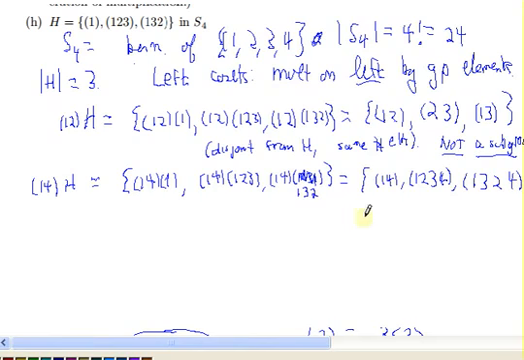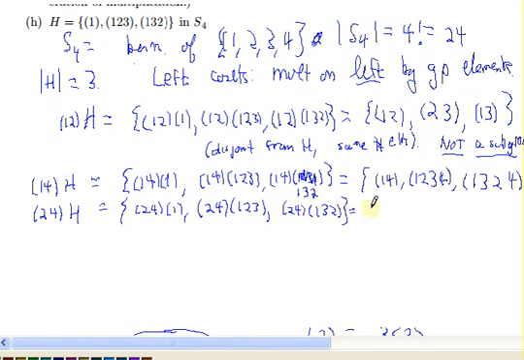Okay, so we have another coset here. Let's try also (2 4), because that's not included in this group, and see what happens there. So that's going to be (2 4) times 1. And then we'll have (2 4) times (1 2 3). And then we'll have (2 4) times (1 3 2).